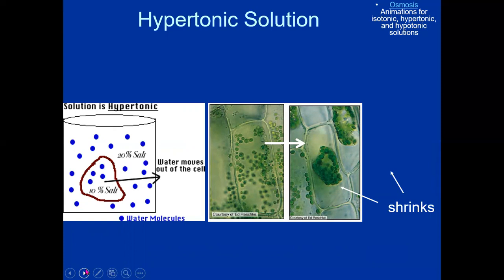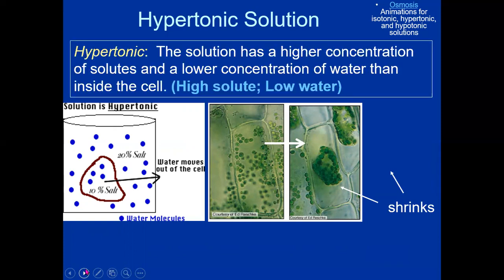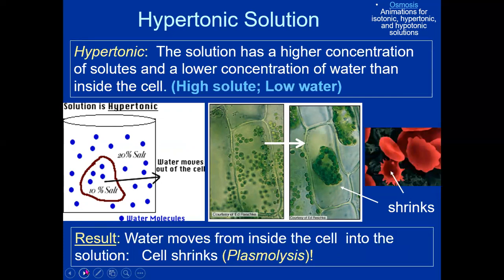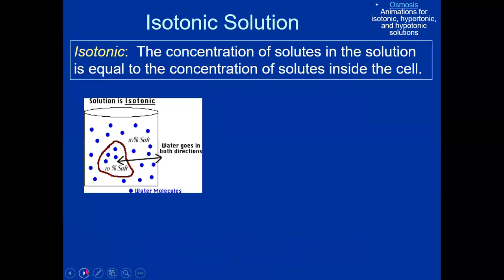Water moves out of the cell, causing the cell to shrink, and therefore the cell will die by the process referred to as plasmolysis. So plasmolysis happens to the plant cell. Lysis happens to the animal cell.